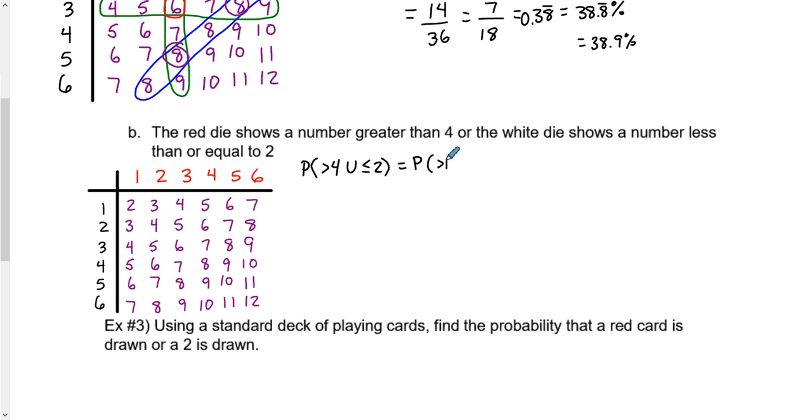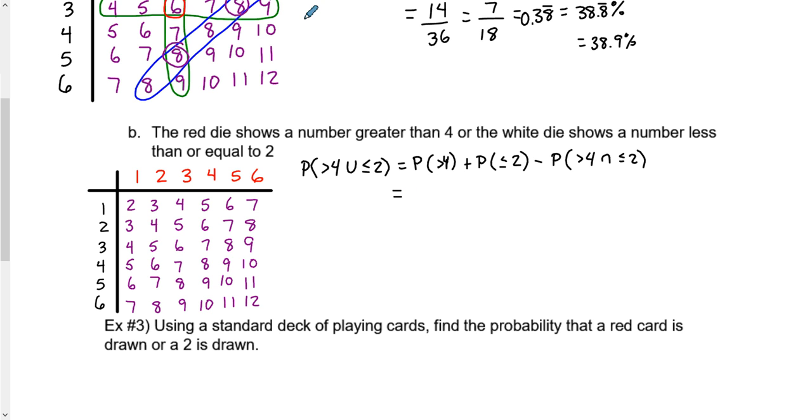So the probability of greater than 4, plus the probability of it being less than or equal to 2, subtracting how many times we get it greater than 4 and less than or equal to 2. So let's take a look at it.